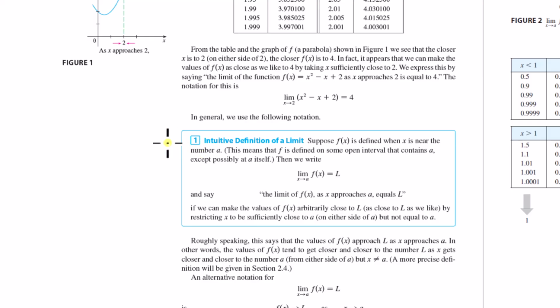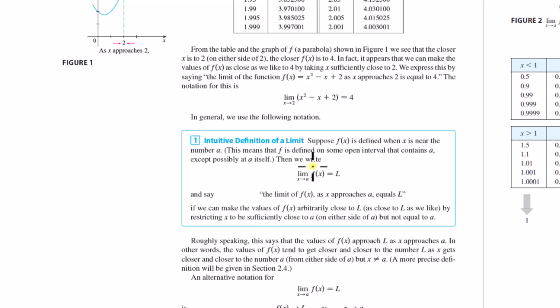Okay, but now to talk about this a little more formally, suppose a function f of x is defined when x is near the number a, which means that the function is defined on some open interval that contains a, except possibly at a itself.